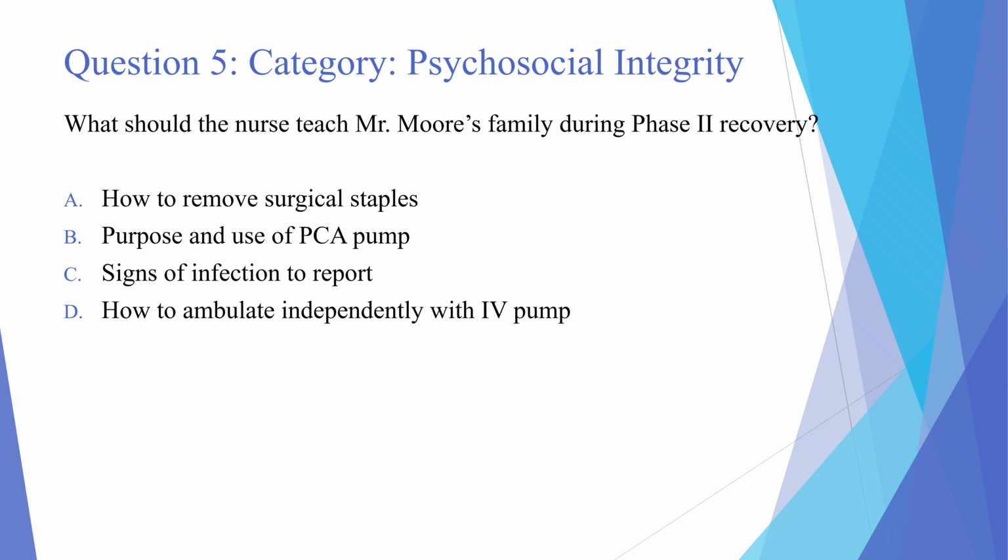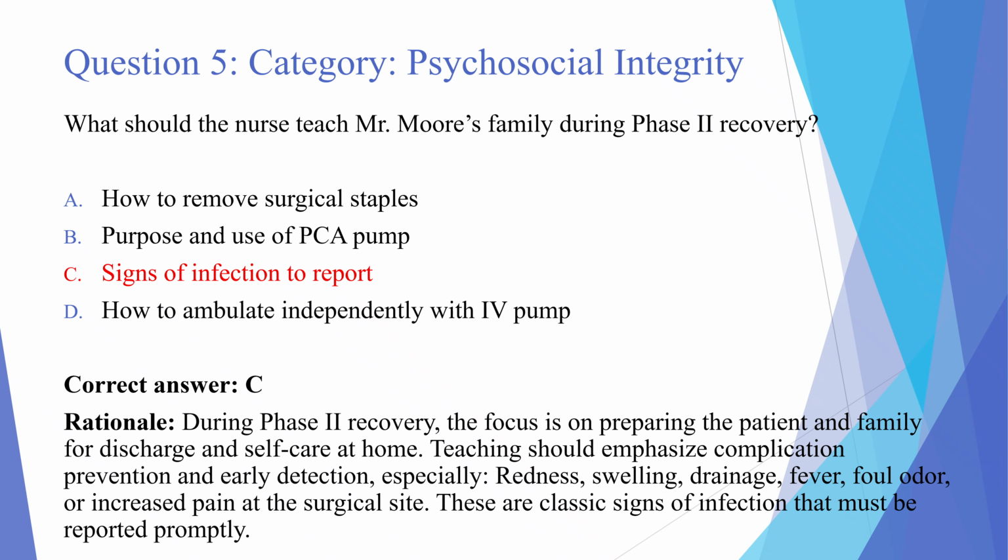A, how to remove surgical staples, purpose and use of the PCA pump, signs of infection to report, how to ambulate independently with IV pump, signs of infection to report. So during phase 2 recovery, the focus is on preparing the patient and family for discharge and self-care at home.